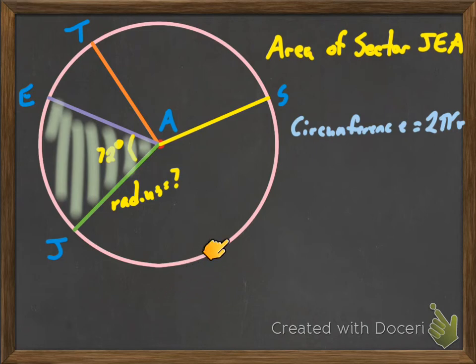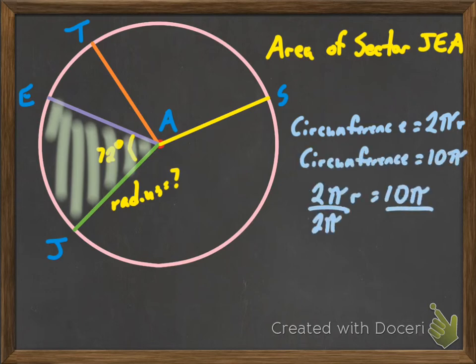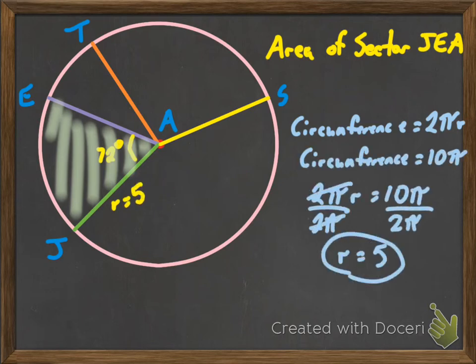So remember in the previous problem, we said that the circumference was 10 pi. They would have to give you some sort of information like that. So let's say that the circumference of this circle is still 10 pi. We can now solve for the radius, because we know the circumference of any circle is 2 pi r. So let's go ahead and solve for the radius.